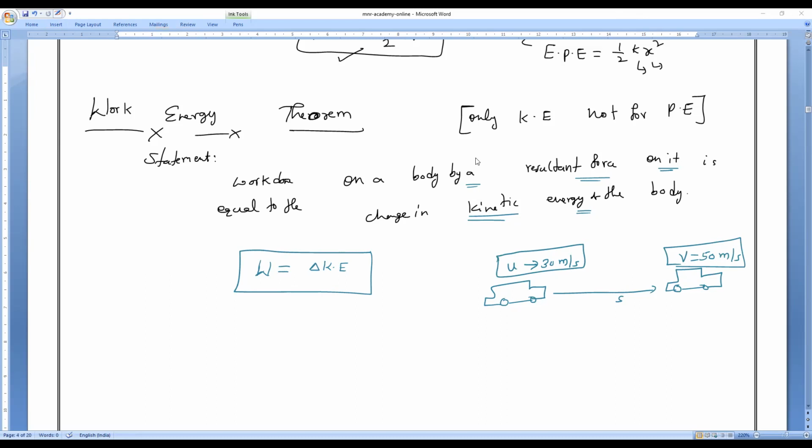Whatever the work done by that applied force, that is the resultant force, which is equal to the change in kinetic energy. That's all they are saying. So what is the kinetic energy here? I'll calculate it. The initial kinetic energy is equal to half into m into u square, where u is the initial velocity.